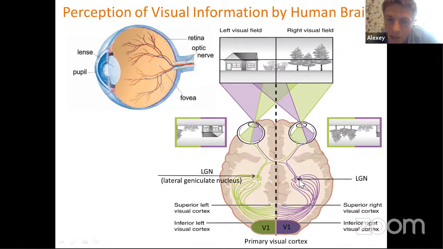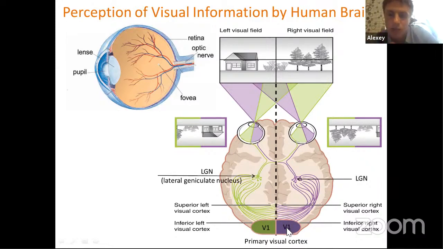But then from LGN the signal passes to the visual cortex. And here we have a very complicated structure with many layers, but only the first layers have a nice mathematical model of their functions, I mean, the primary visual cortex, V1.